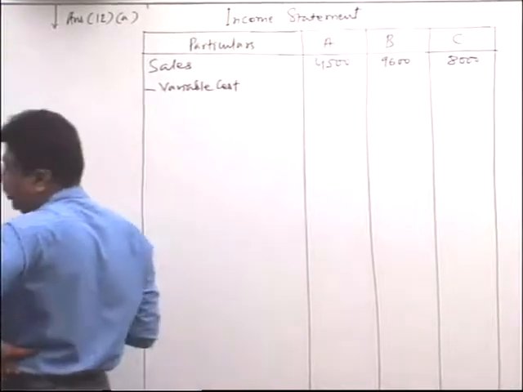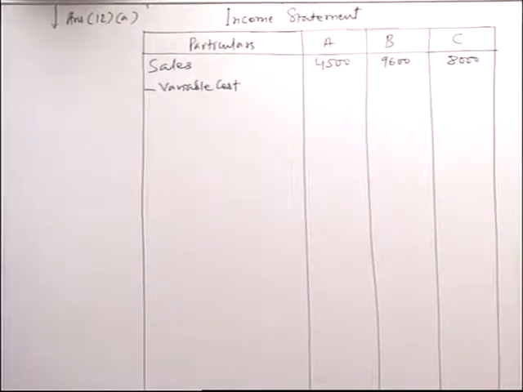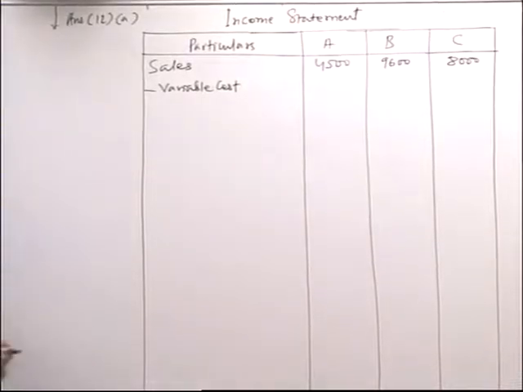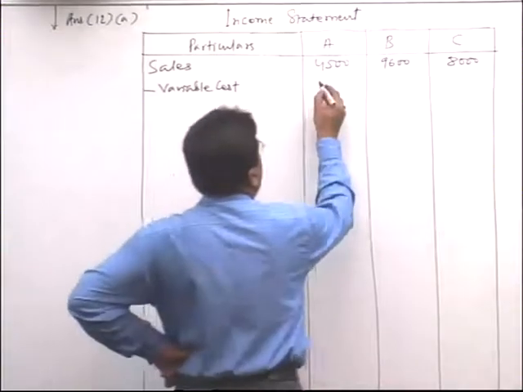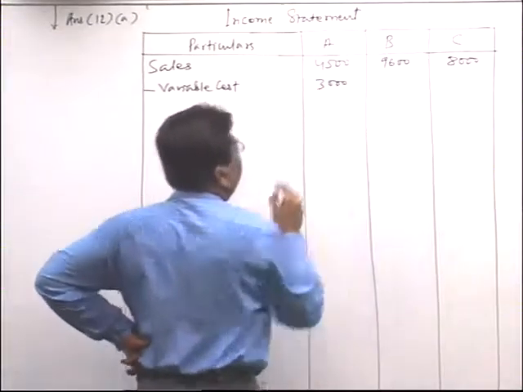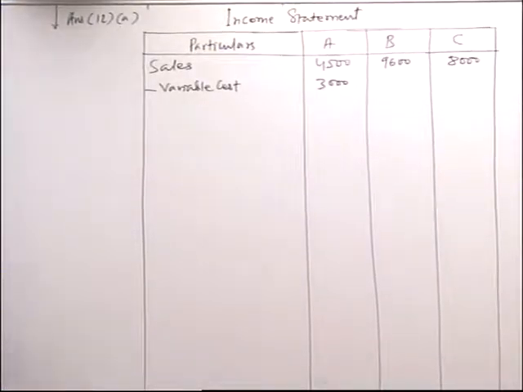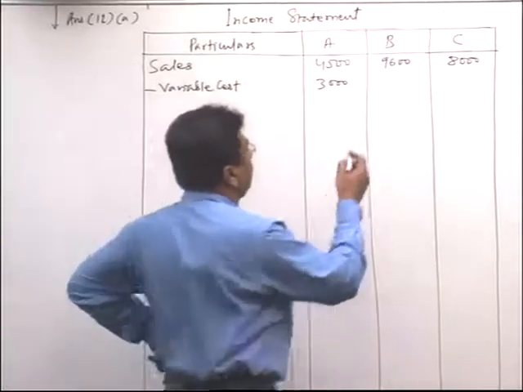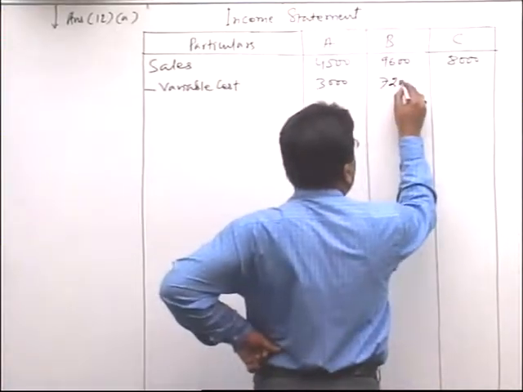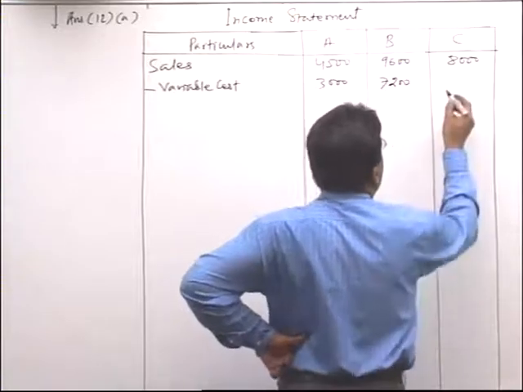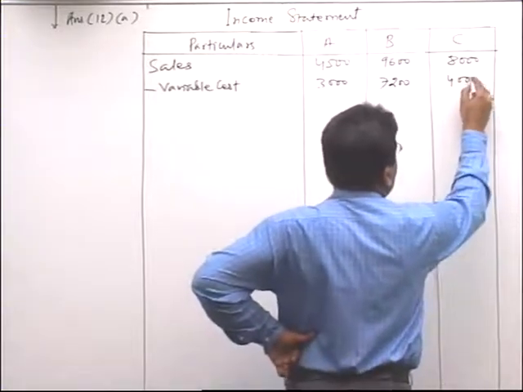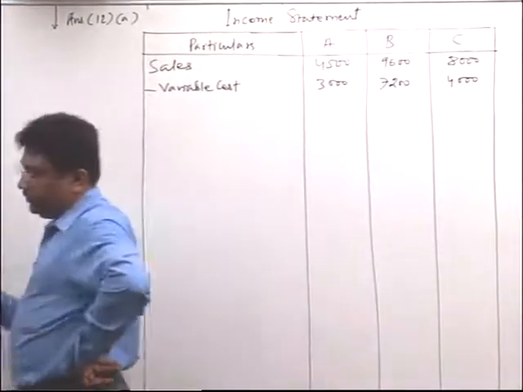Now variable cost percent is given. In company A it is 2/3, that is 66.67%, so it is 3,000. In company B, variable cost is 75%, so it comes to 7,200, and in case of company C it is 50%, so 4,000.